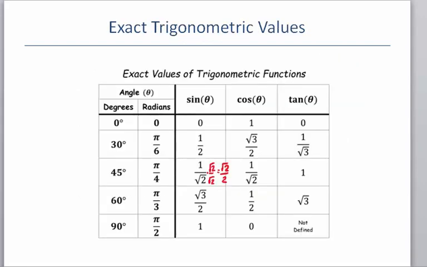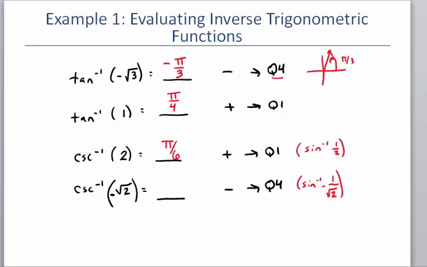So let's go look. All right, so 1 over the square root of 2 is here for the sine. The angle is pi over 4. Now, how do we account for the fact that it wasn't a positive square root of 2, that we need to go to quadrant 4?